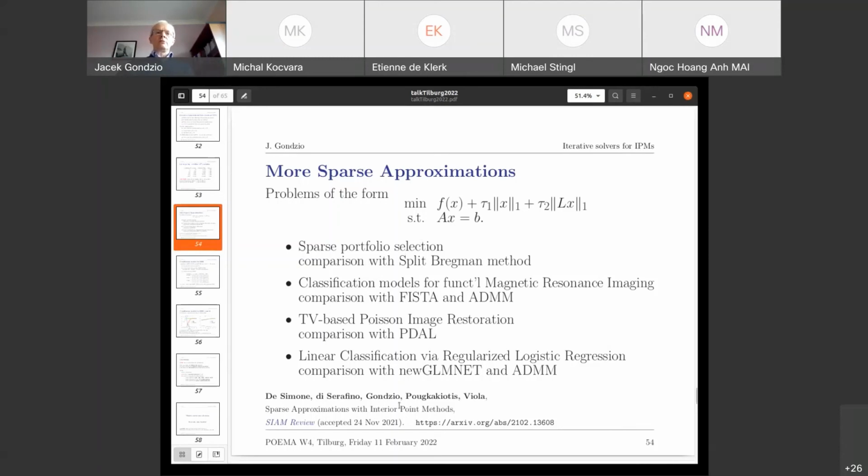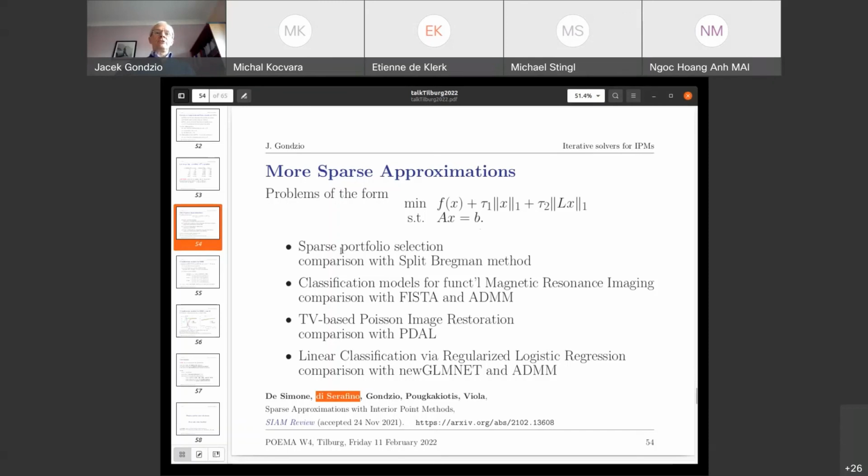And when I talked about it with Daniela Di Serafino, one of my collaborators, I just asked her, why don't you try to use interior point method to solve all these problems? And we decided that we will specialize interior point method for all these problems and see how interior point compares with these highly specialized first-order methods.